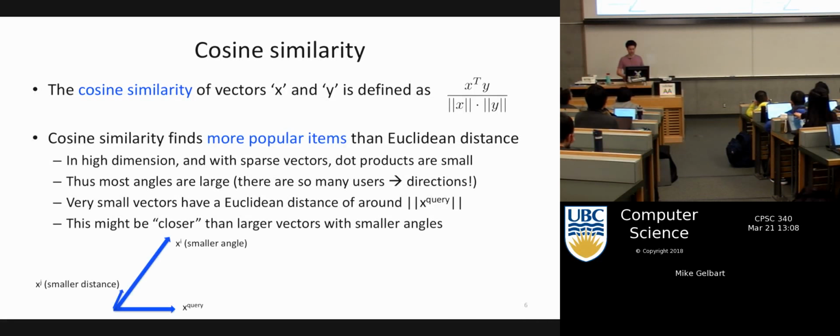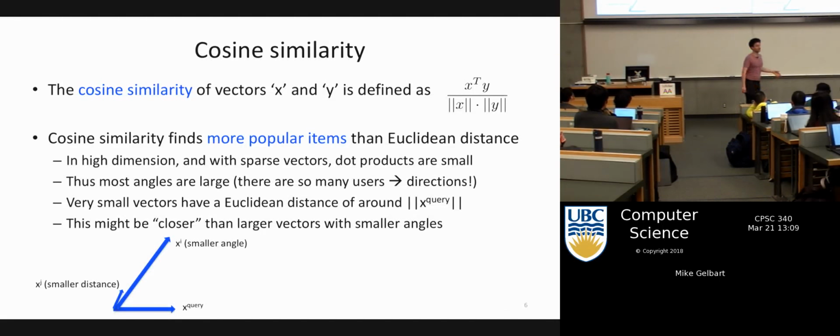So here's a picture of what might be happening here. If we're just looking at Euclidean distance, this bottom arrow is the query product, and this is in some fictional user vector space. If a lot of the angles are quite large, then the closest product might actually be a very unpopular one, because even the 0 vector isn't that far away from this query.